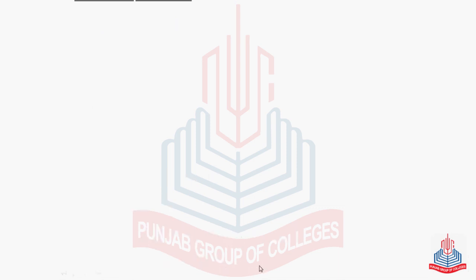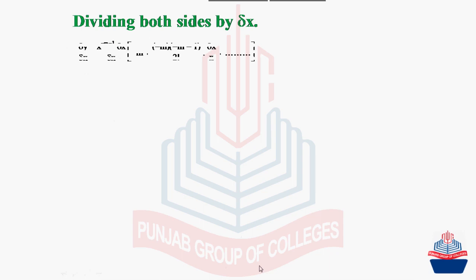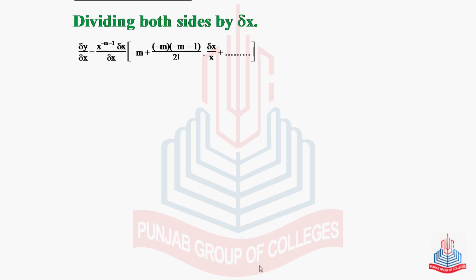Dividing both sides by delta x, delta y by delta x is equal to x raised to the power minus m minus 1 into a bracket portion. Delta y by delta x is equal to x raised to the power minus m minus 1 into minus m plus minus m minus 1 over 2 factorial delta x over x plus and so on. Now applying limit on both sides, delta x approaches to 0.